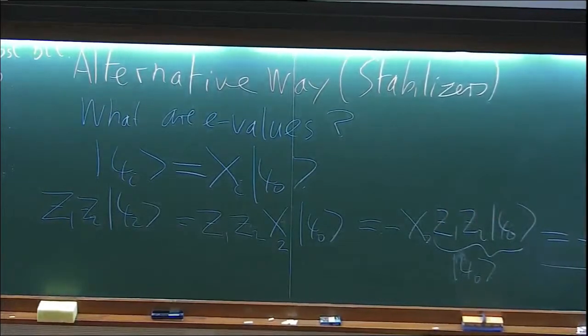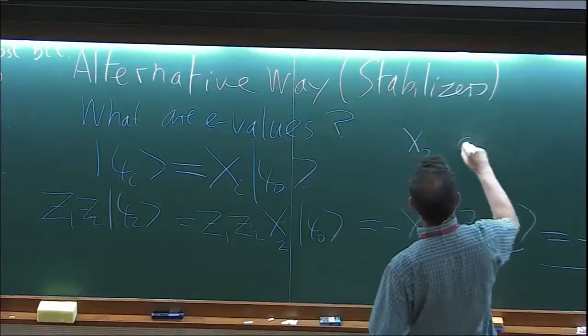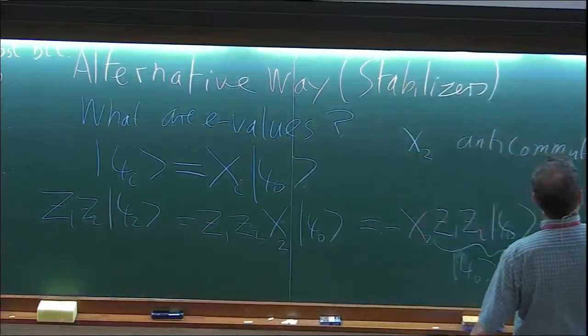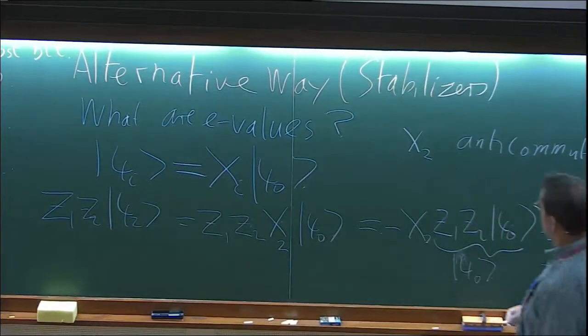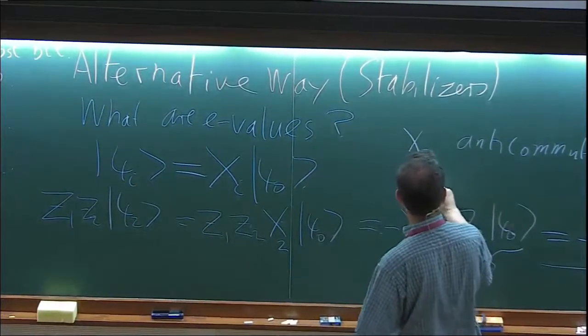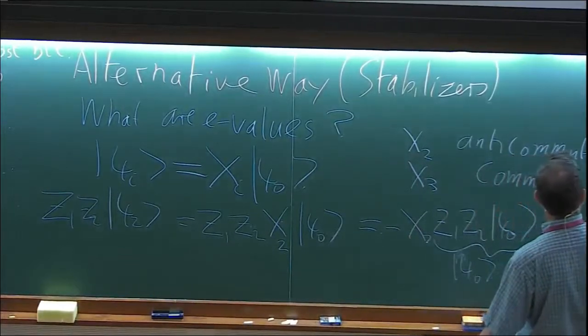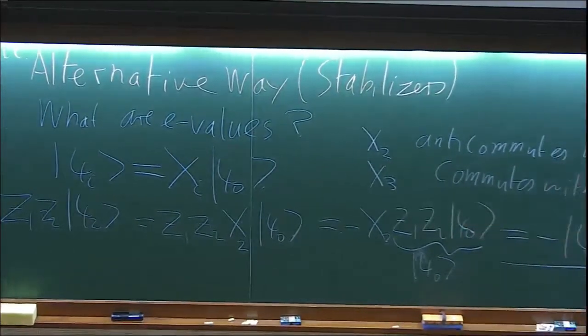So the eigenvalue minus 1 corresponds to X2 anti-commuting with this stabilizer Z1 Z2. Whereas, for example, X3 commutes with Z1 Z2 because the X operator is distinct from all these.